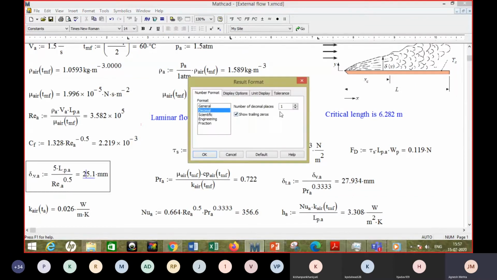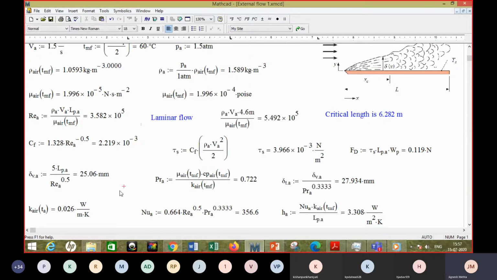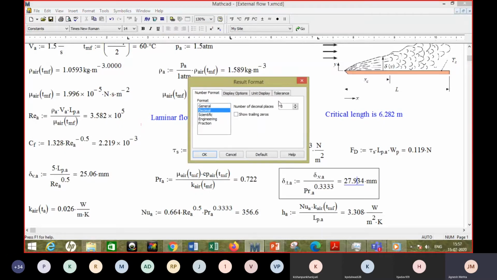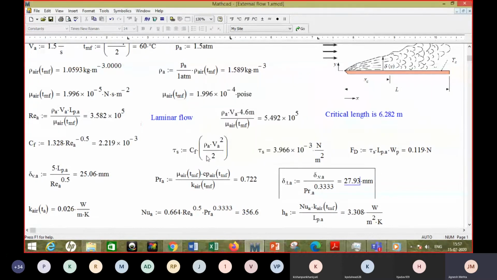Most of the times 4 significant digits are enough, right? You should not go on writing many digits after the decimal point. I'm using only 4 significant digits because most of the times you may not be able to measure it with some instrument, for example, to less than 0.01 millimeter.